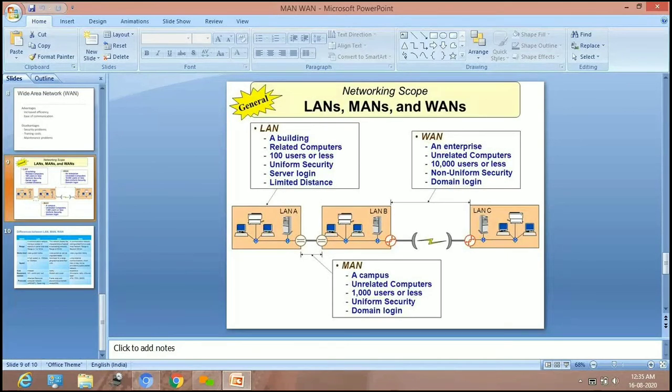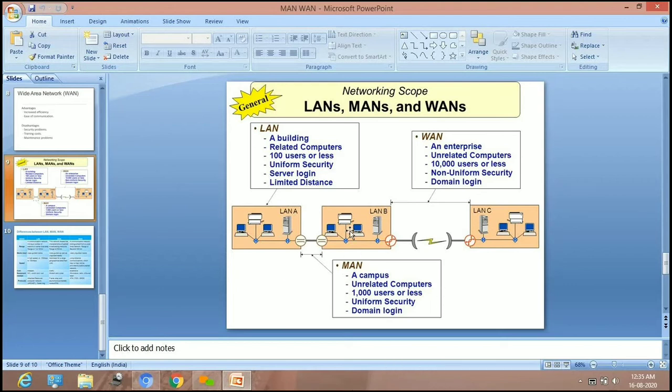Then let us wind up by comparing the LAN, MAN and WAN. In short, LAN is the building, with related computers, 100 or fewer users, uniform security, server login possible, and a limited distance.